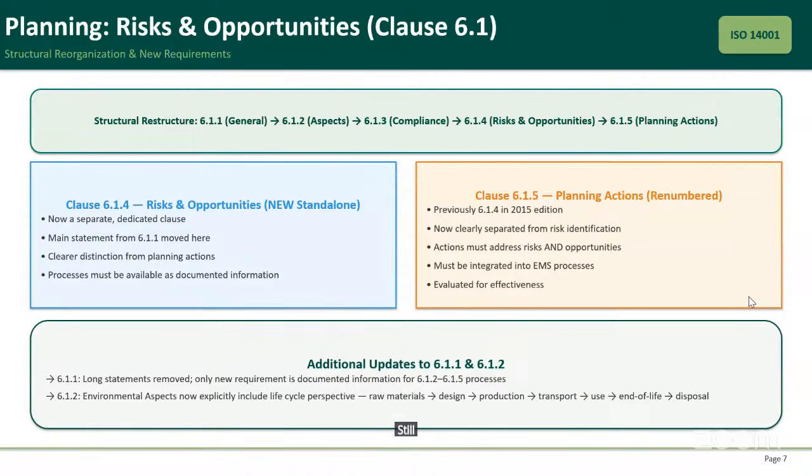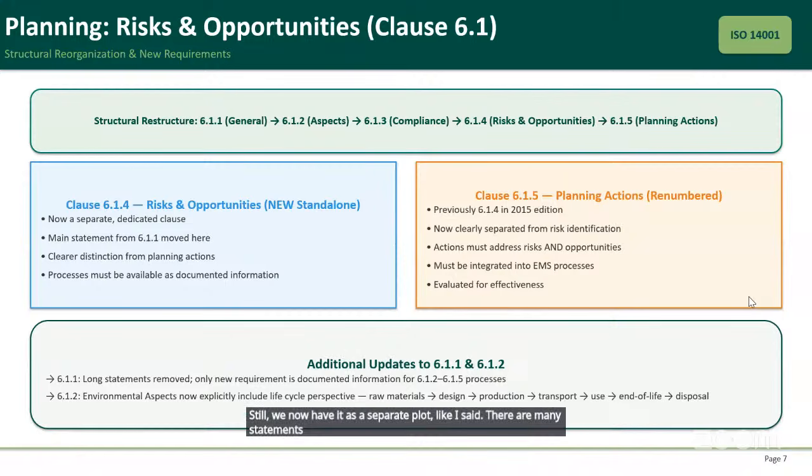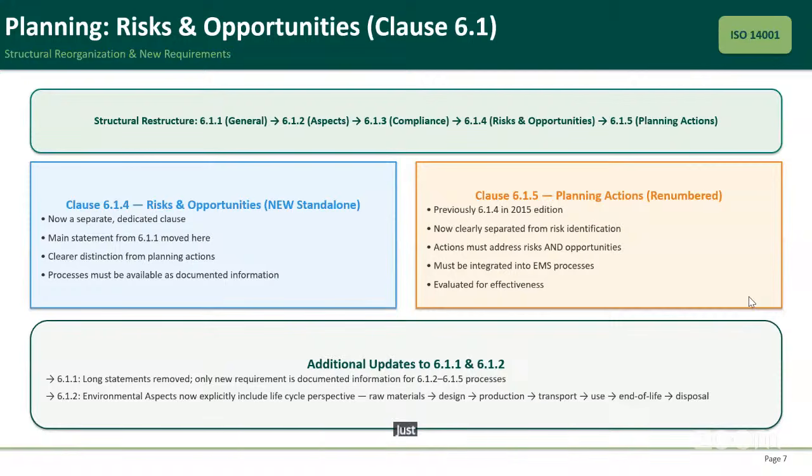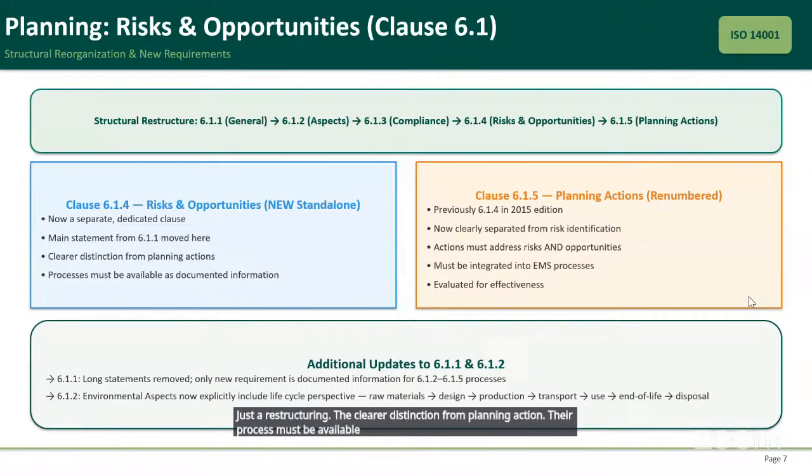We now have it as a separate clause. The main statement from 6.1.1 was moved to 6.1.4. So there's no difference, just a restructuring, with a clearer distinction from planning action. The process must be available as documented information. This was also in the earlier version.